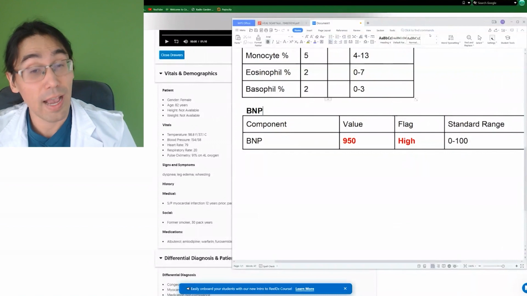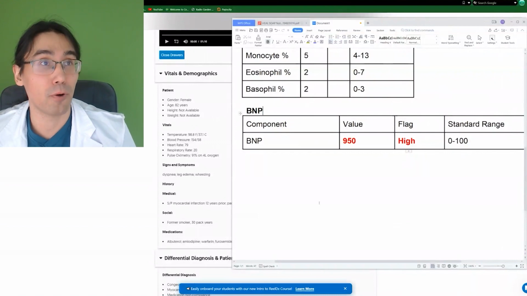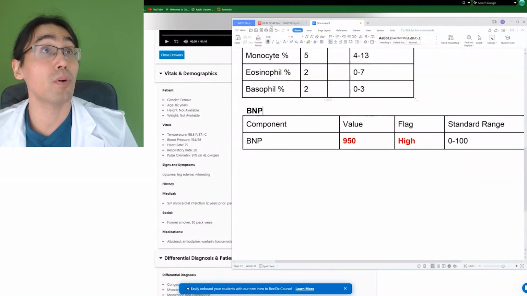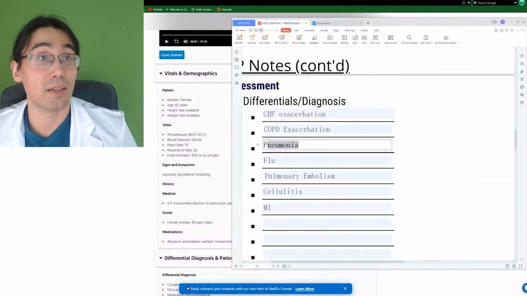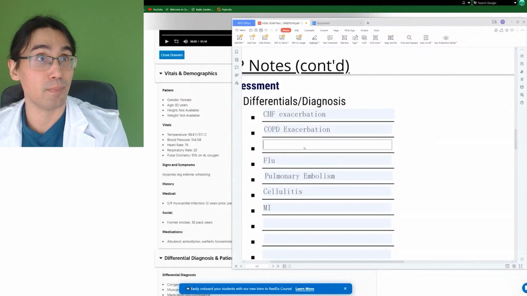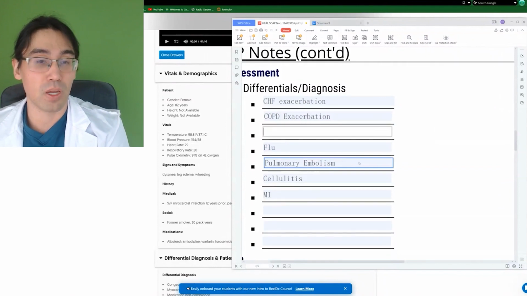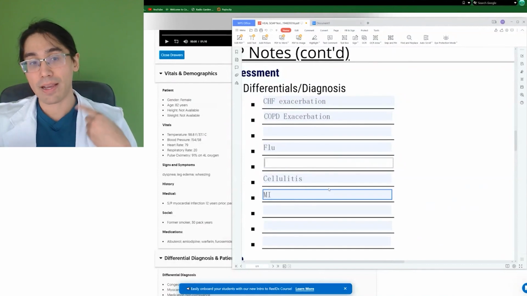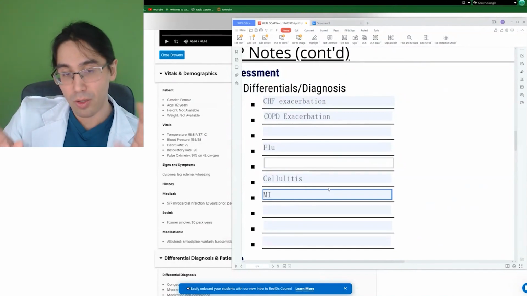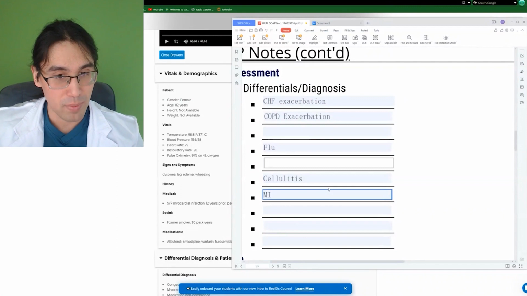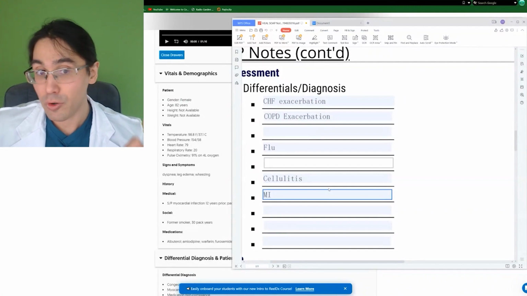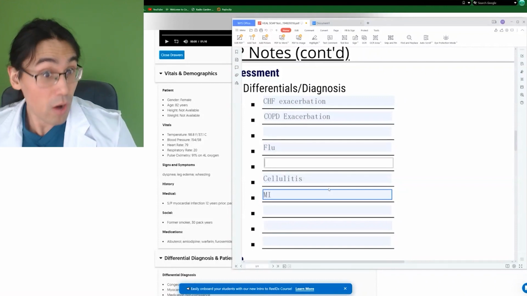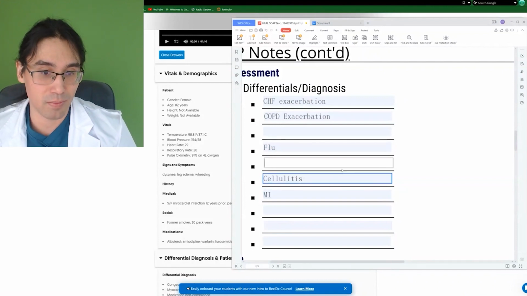So as I go through these results, I just go back and forth and I say, all right, CBC and maybe chest x-ray were normal. So we can reliably take out pneumonia. We can get a D-dimer, and that would rule out pulmonary embolism. And then I would go back and say, because the swelling looks like it's probably on both extremities and we're dealing with an increased oxygen requirement for our patient, cellulitis is probably not on our diagnosis list.